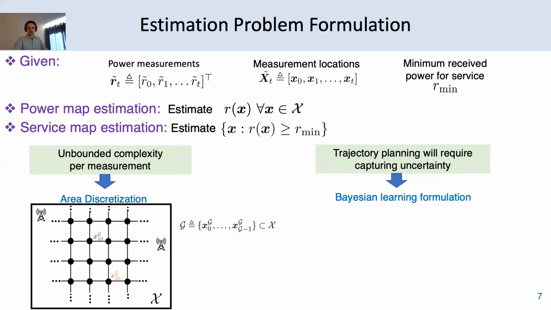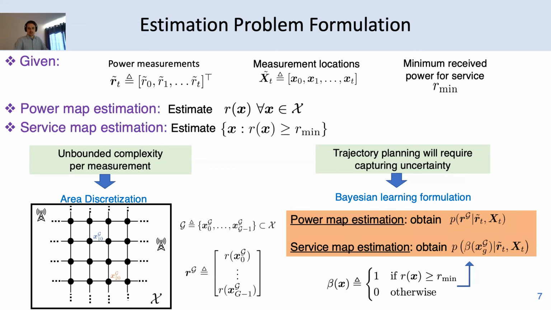So to bypass this difficulty, we will rely on a discretization of the area of interest as customary in the literature, as well as a conditional independence assumption that we will describe later. By arranging the power values at the grid points in the vector R_g, one can state the Bayesian version of these estimation problems as obtaining the posterior of the power and service indicators at the grid points given the measurements.